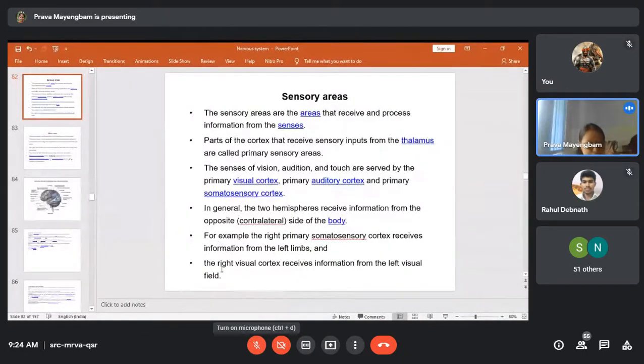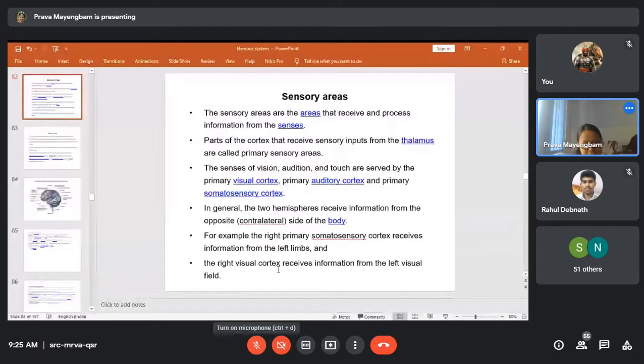So, for example, the right visual cortex. The right visual cortex means the portion of the cortex which is associated with the sight, with the vision. Right visual cortex receives information from the left visual field. Now do you get? Whatever the left eye perceives about the vision, about the sight, is going to be received by the right visual cortex.